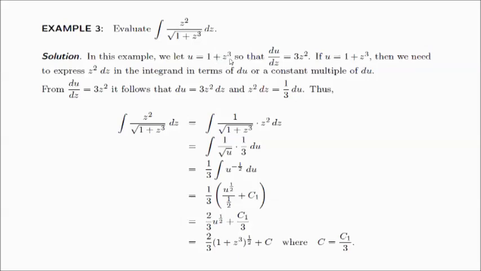Derivative ng z cube is 3z squared, so with respect to z, kaya ganito siya. Okay? So kaya ito yung pinili na u class kasi kung mapapansin nyo, merong z squared doon, di ba? So para lumabas siya doon sa equation.